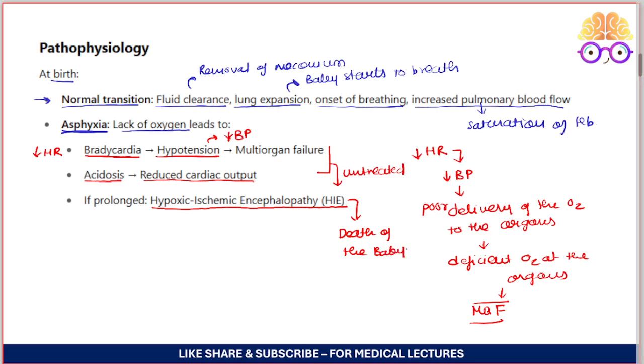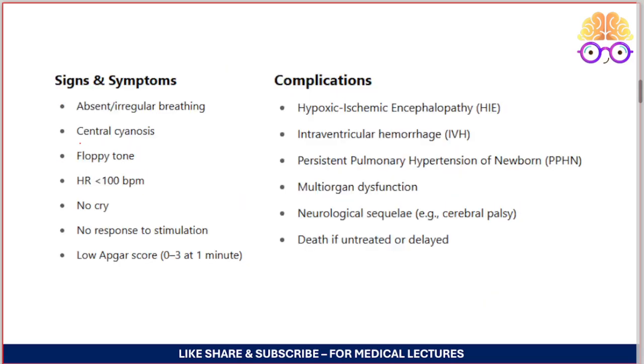So you only need to remember that asphyxia will lead to bradycardia, will lead to hypotension, will lead to poor delivery of oxygen to the organs, deficient oxygen at the organs, and then multiple organ failure. And acidosis will lead to reduced cardiac output, and if these both things are not treated, then we'll have hypoxic ischemic encephalopathy.